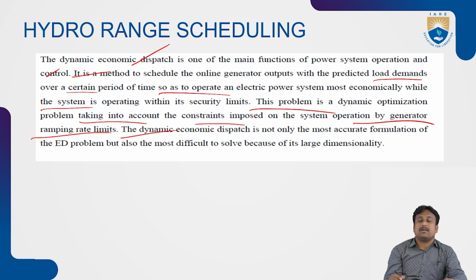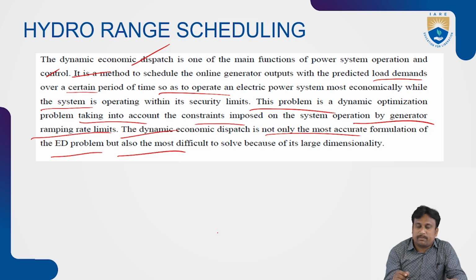So the dynamic economic dispatch is not only the most accurate formulation of the economic dispatch problem, but also the most difficult to solve because of its large dimensionality. Due to its large dimensionality, it is treated as the most significant issue.